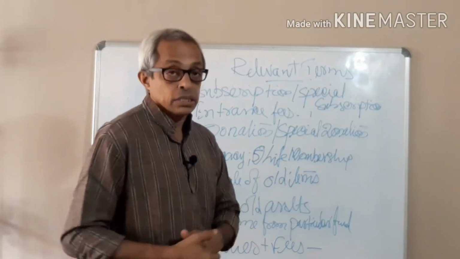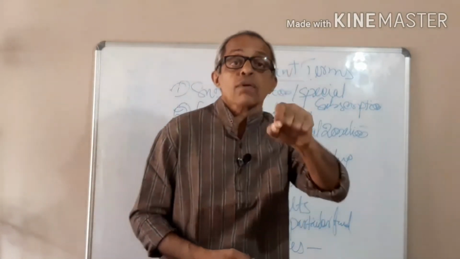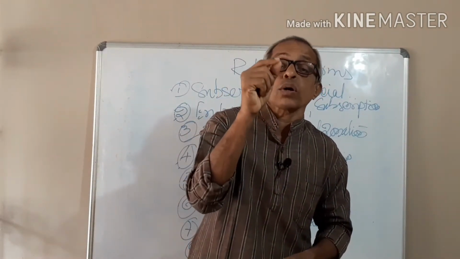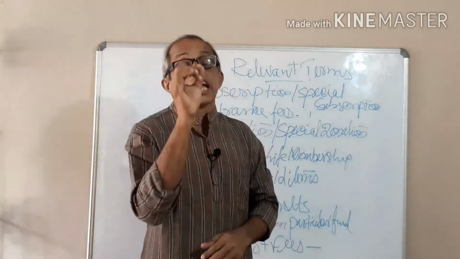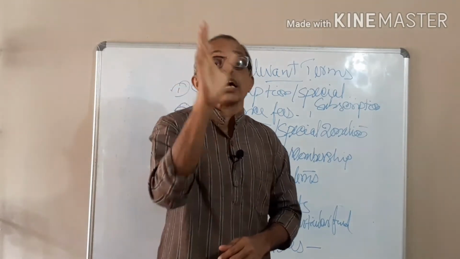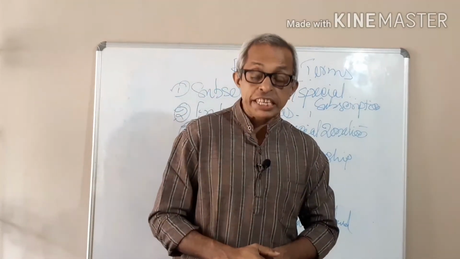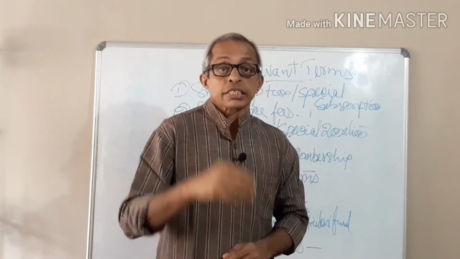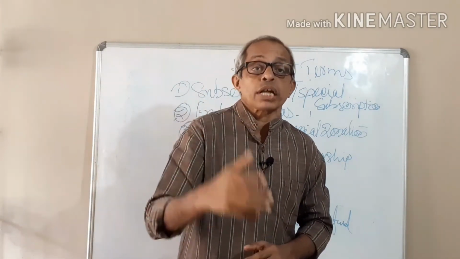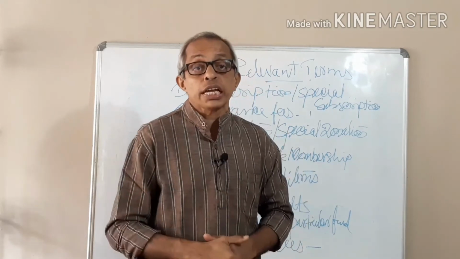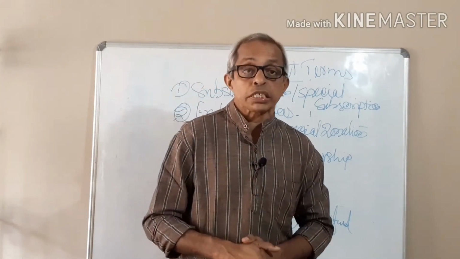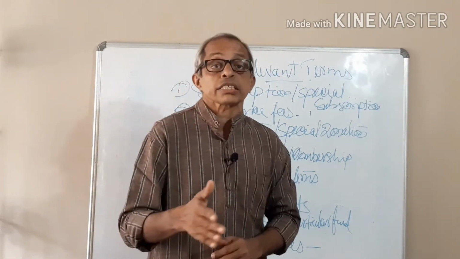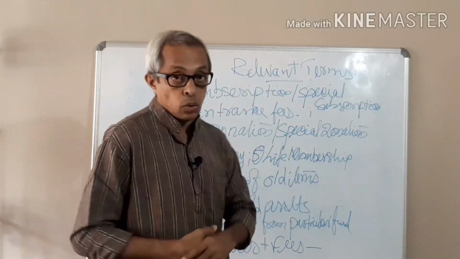If there is loss on sale of old assets, that loss may be shown on the expenditure side of income and expenditure account. If there is any profit on sale of old assets, such profit may be shown on the credit side of income and expenditure account, that is, on the income side or right-hand side of income and expenditure account.